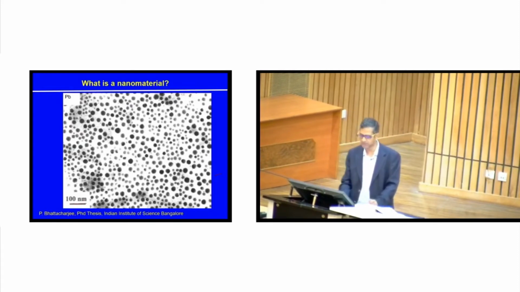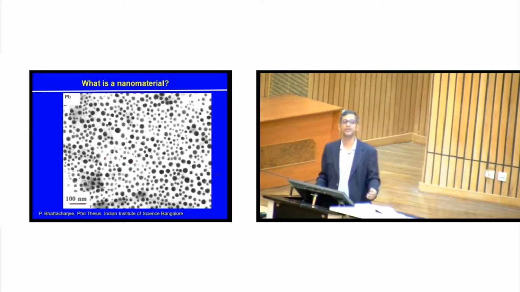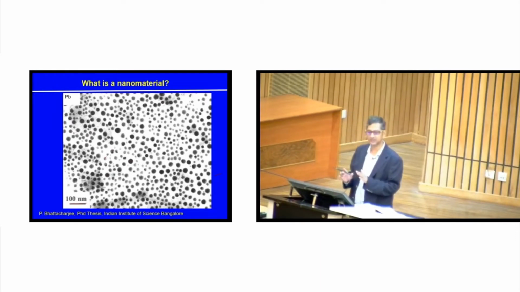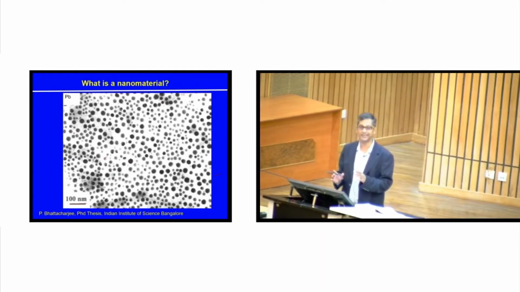So using this, we can measure the size, the diameter, of each of these particles, and you can see some of them are very small, of the order of 5 to 10 nanometers, but some are big, about 20, 25 nanometers. So that means what? This is a 2-dimensional projection of the actual particle in a transmission electron microscope.